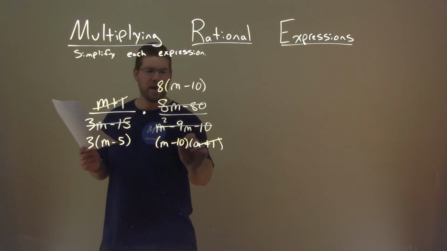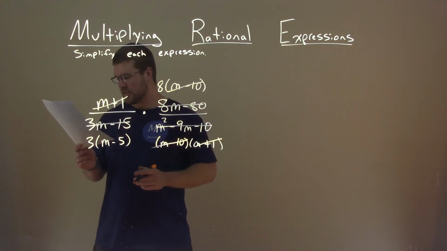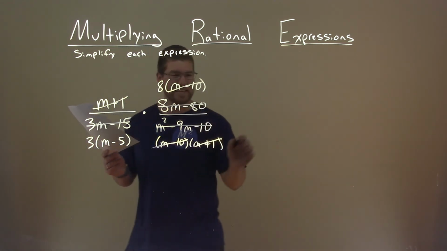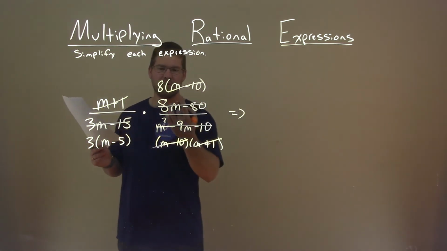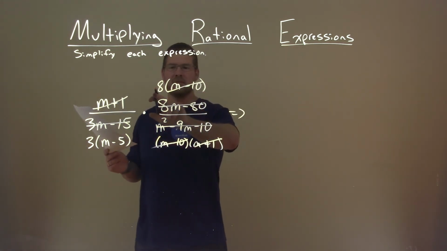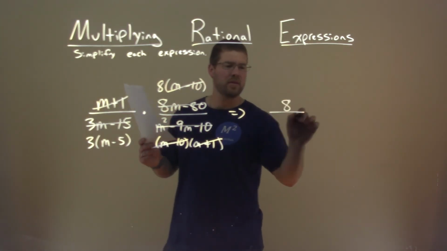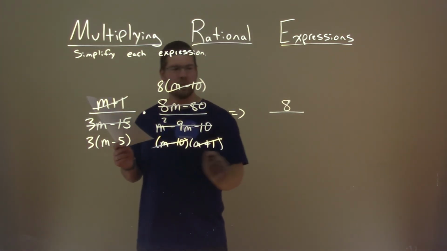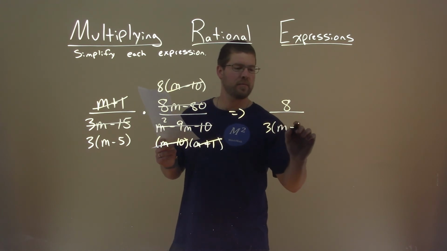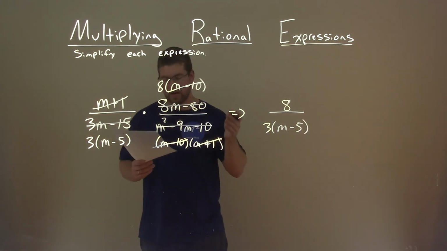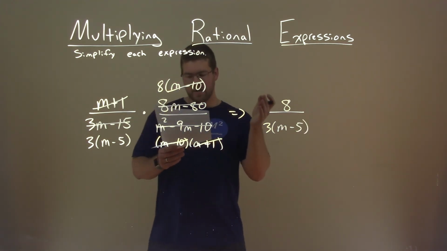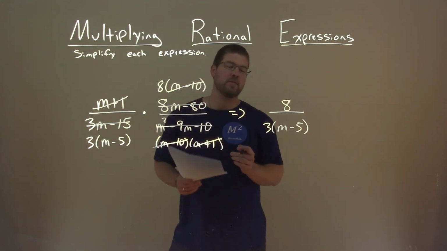Got it. M minus 10 can cancel out. Got it. And that's really it. So let's go bring everything over we can left over. 8 in the numerator. Over, well, just 3 times m minus 5. And so that's it. Our final answer is 8 divided by 3 times m minus 5.